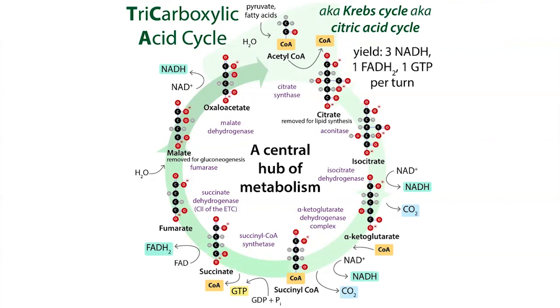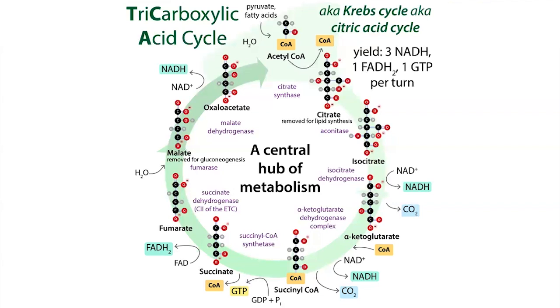We can siphon off all these different components, but in order to keep the cycle going, we have to replenish components. What do we call those replenishing reactions? Anaplerotic, right? Those are anaplerotic reactions. And we have anaplerotic reactions that are going to generate this oxaloacetate.